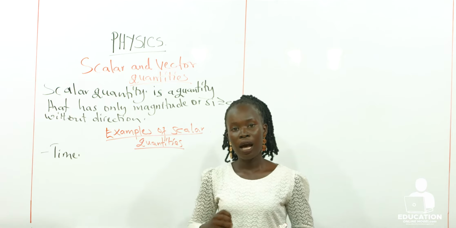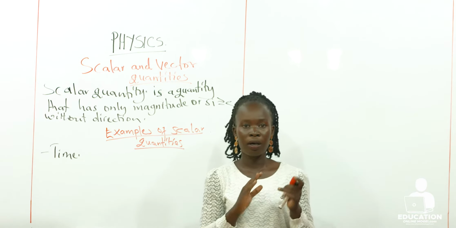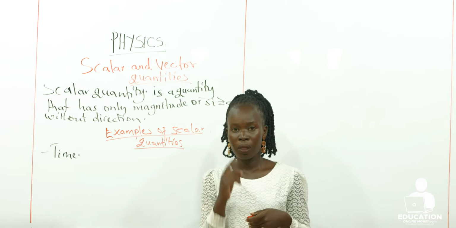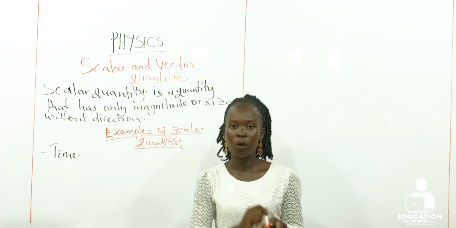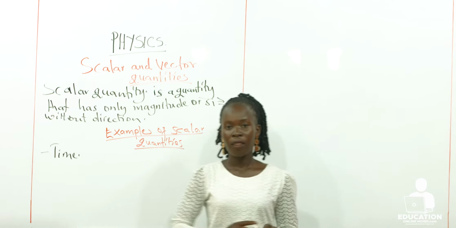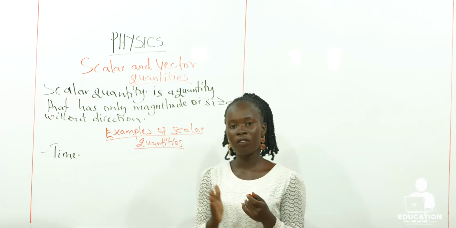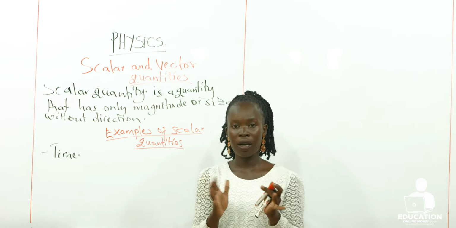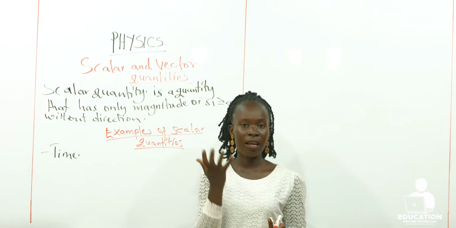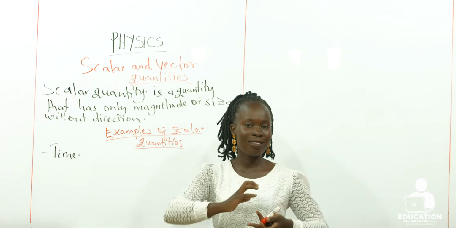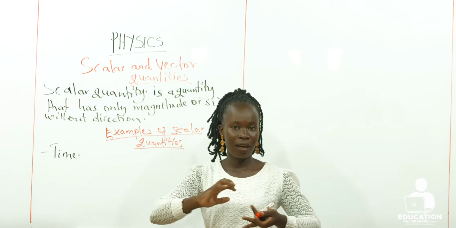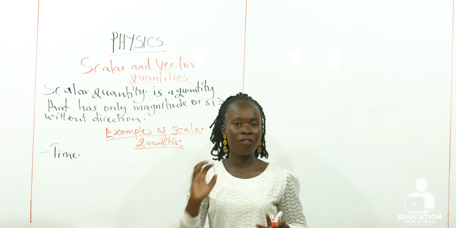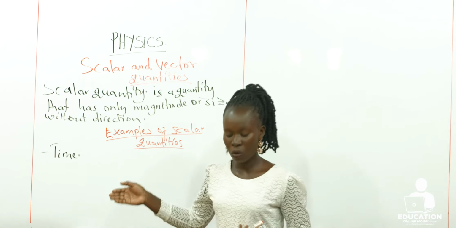If you're constructing and you want to finish that building in probably 1 year, you do not take a specific direction to reach that 1 year. It is just one thing that has only size. That length is what is known as the size, and it is that which qualifies it to be a scalar quantity.